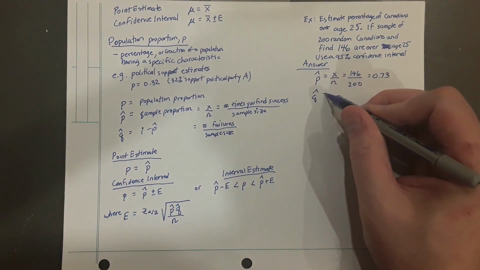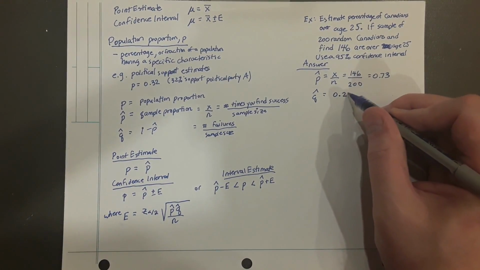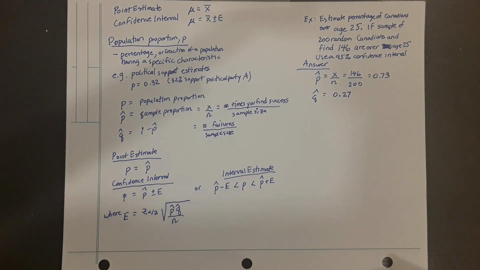The sample non-proportion, q hat, would therefore have to be 0.27, so that they both add up to 100% or 1.